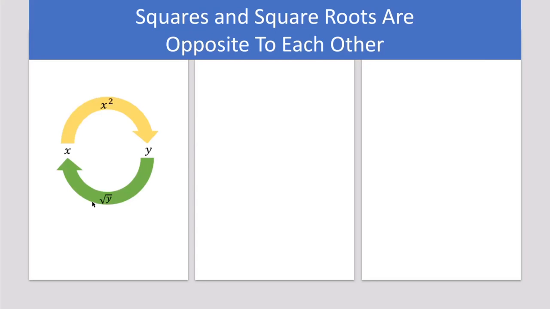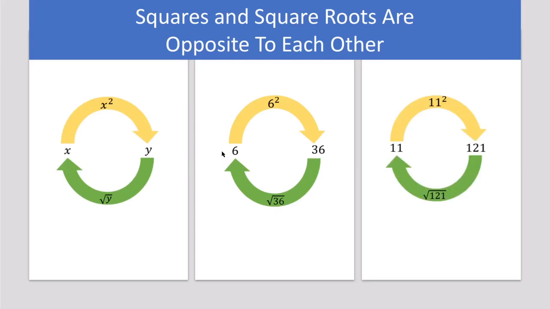Then the square root of y takes you back to x. Example, 6 squared is 36, square root of 36 back to 6. Another example, 11 squared is 121, square root of 121 back to 11.